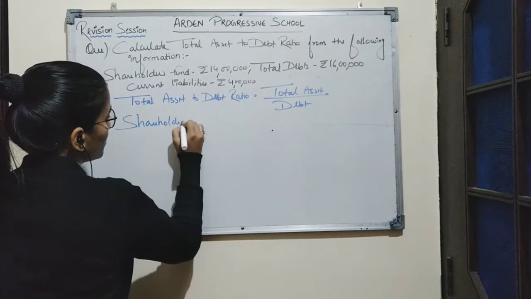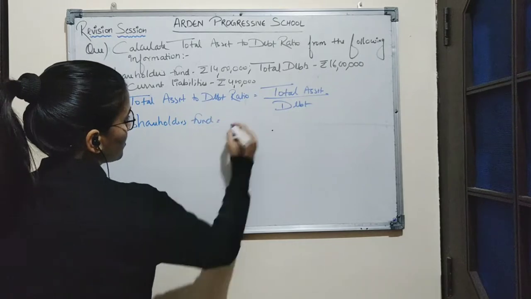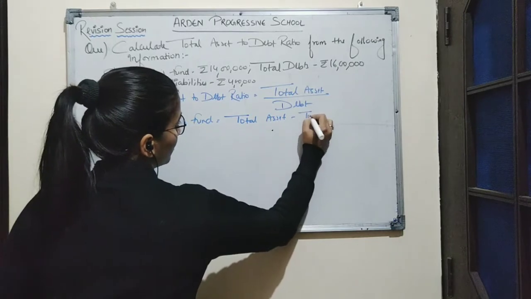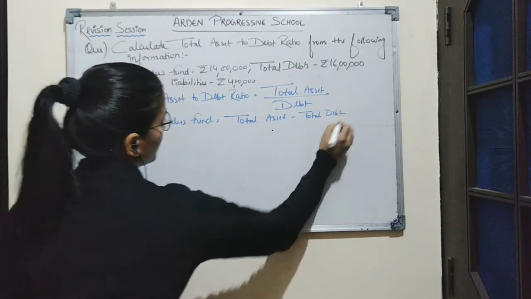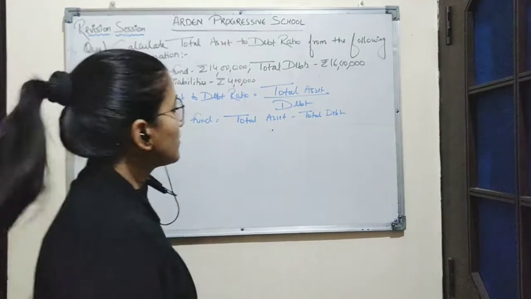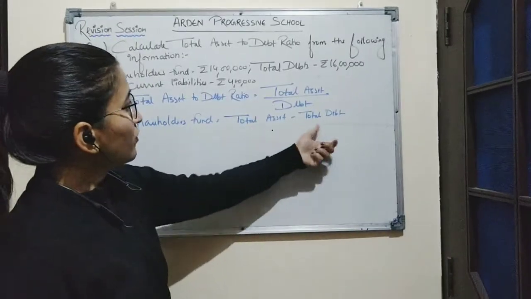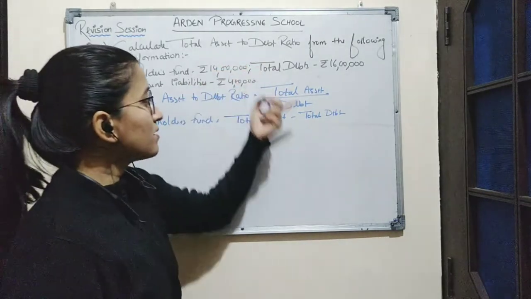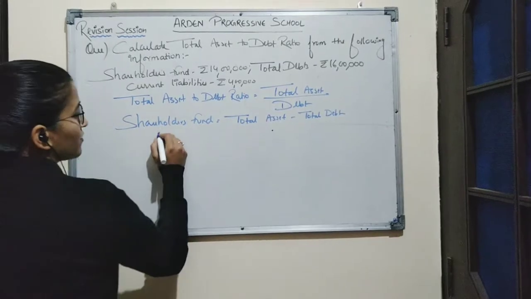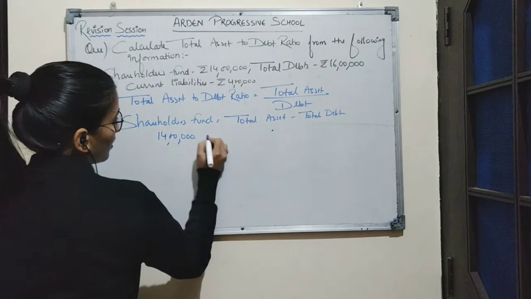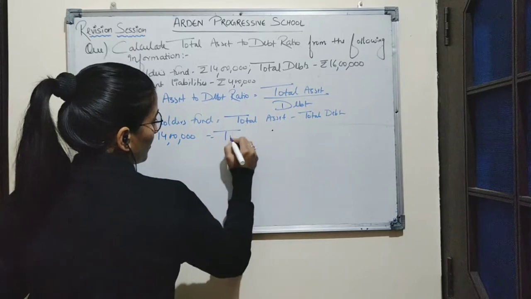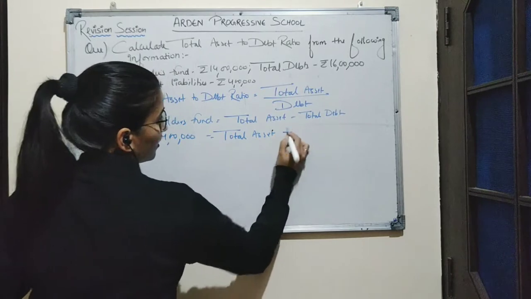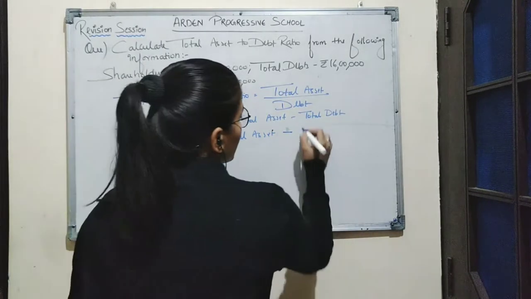calculating shareholders fund, which is total asset minus total debt. So according to this formula, here amount of total debt is given and amount of shareholders fund is given. So we'll put this amount in the formula. Shareholders fund is rupees 14 lakh is equal to total asset will remain the same and total debt is rupees 16 lakh.